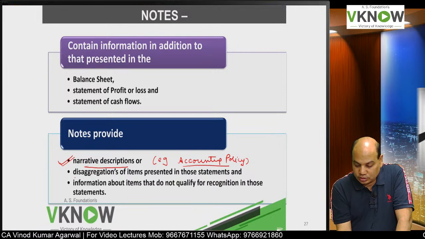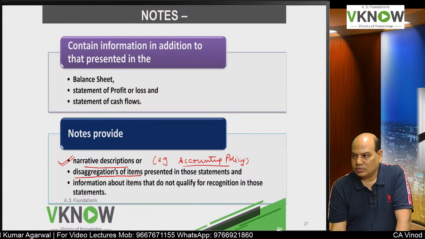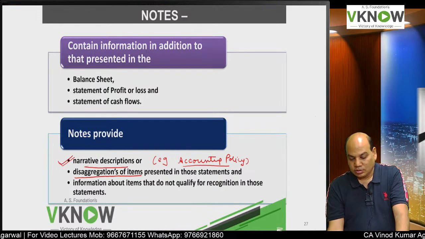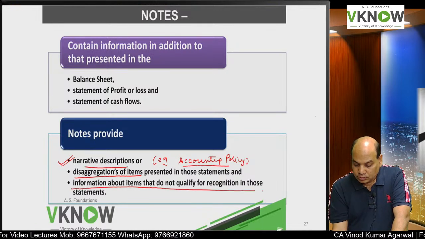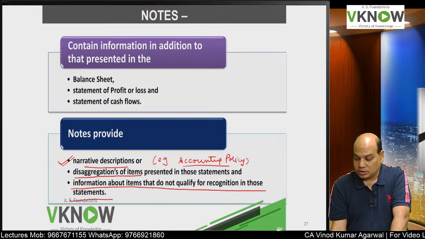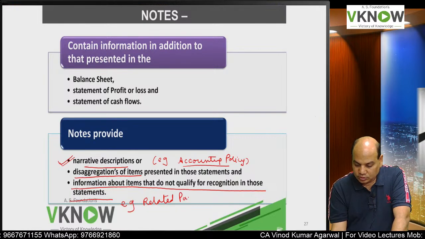Then disaggregation of items like inventory, trade receivable, PPE, most of the items of the balance sheet, and then those information which do not qualify for recognition in other statements, like, say, related party disclosures.